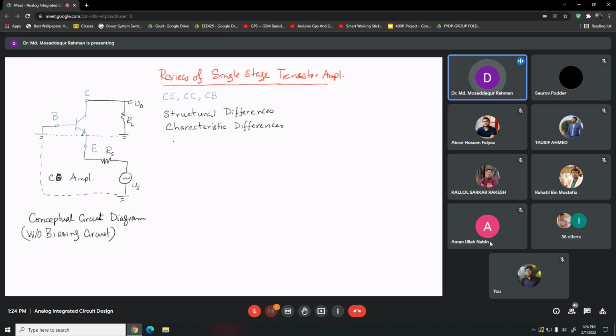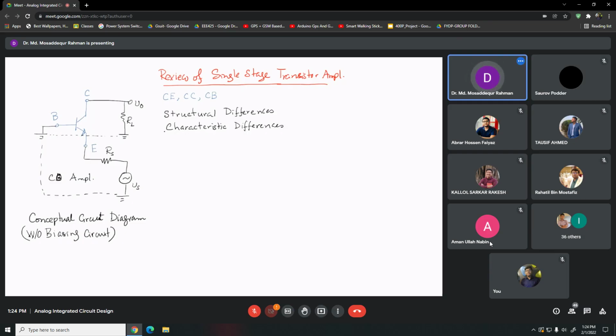So these circuits I have shown just to show you the main concept of the different amplifier configurations, the common emitter, common base, common collector. What are the distinguishing features?